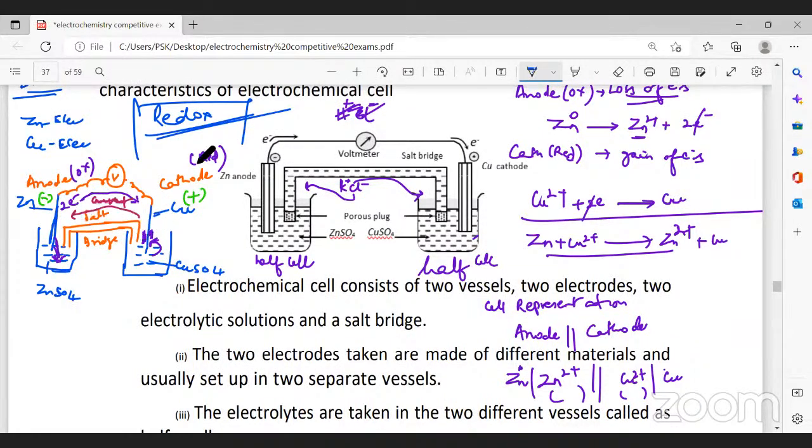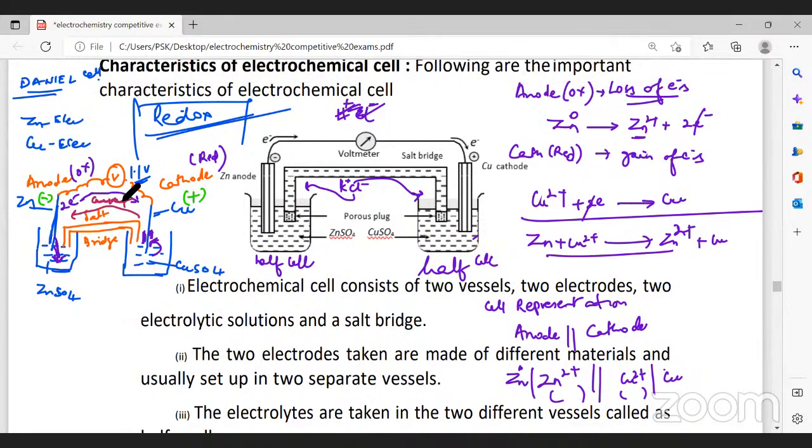Current flows from cathode to anode, as we were discussing. At standard conditions, the potential developed is 1.1 volt. How much is the potential? A 1 mark question for 12th standard: what is the potential developed, or the EMF produced, in Daniel's cell? It is 1.1 volt. We will work out this problem later.